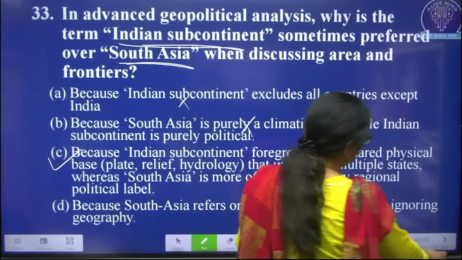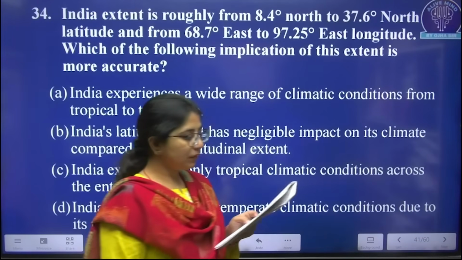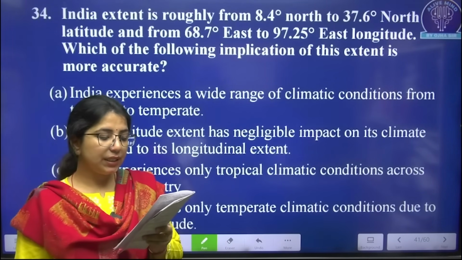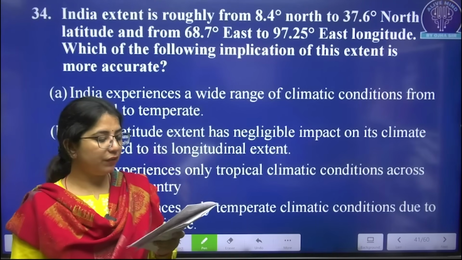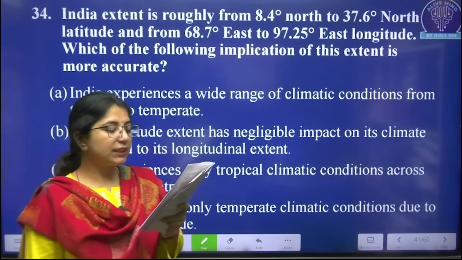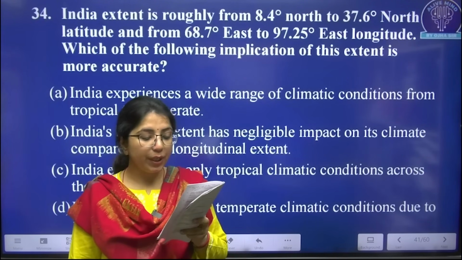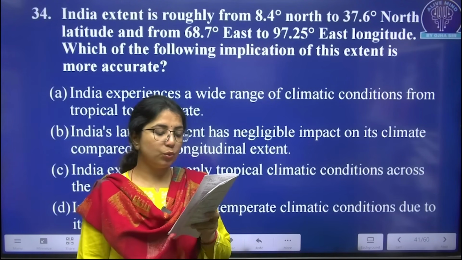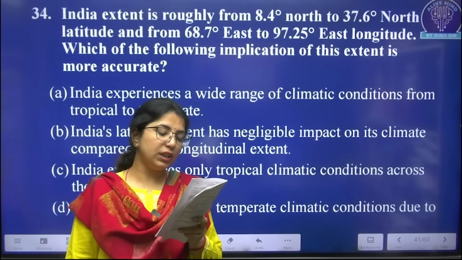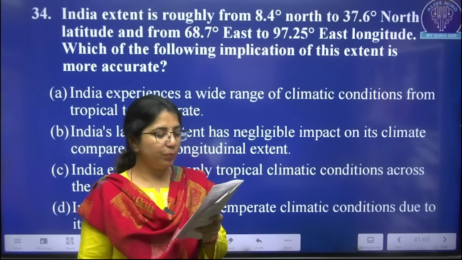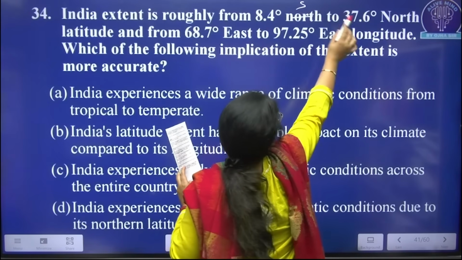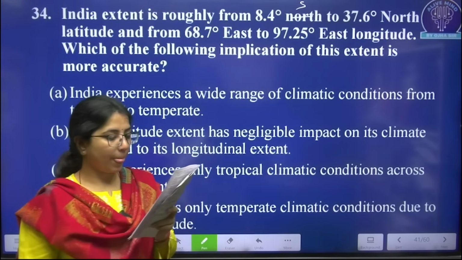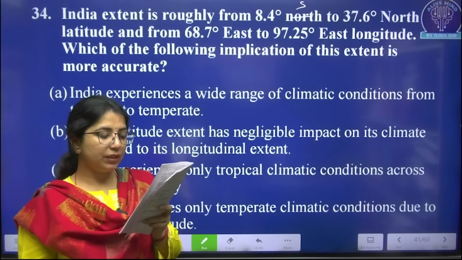Then is question number 34. India's extent is roughly around 8 point, I told you, extent you have to remember. Now they have written the fact as our extent is from around 8.4 in the south to 37.6 in the north latitude, and 68.7 east longitude here.